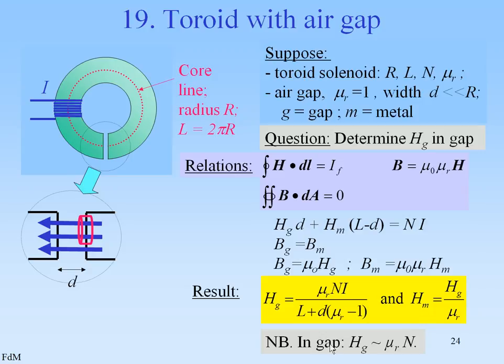This means that in the gap the Hg is proportional to mu R times the number of coils. So the field in the gap grows when you increase mu R and you increase the number of coils.